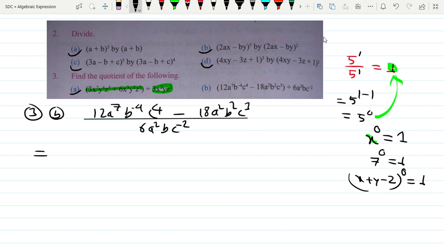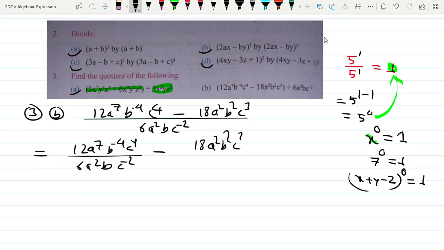What you have to do here is the same thing: separate the base first. So 12a power 7 b power minus 4 c power 4 divided by 6a square b c power minus 2, and the same for the second term, 18a square b square c cube divided by 6a square b c power minus 2.